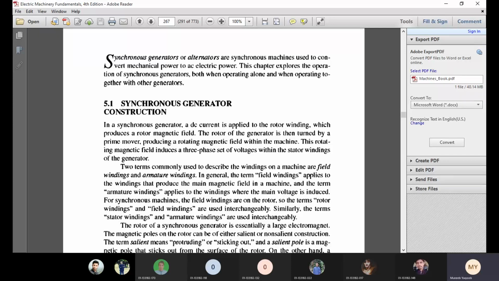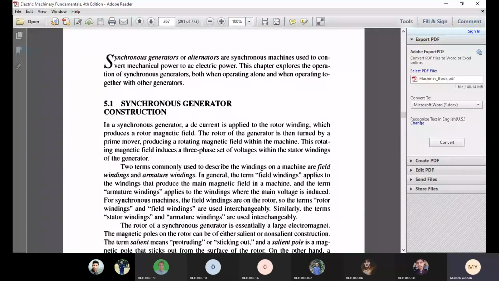So this is the principal difference between induction machines and synchronous machines: in synchronous machines, a separate DC source is provided to supply the field current.